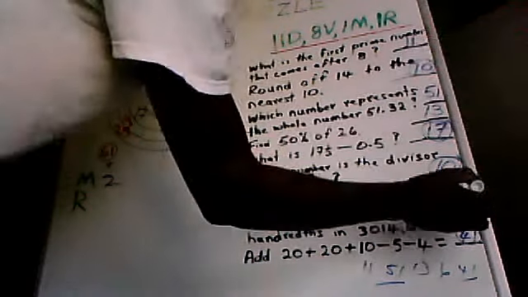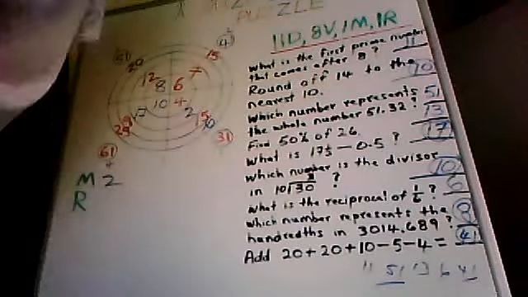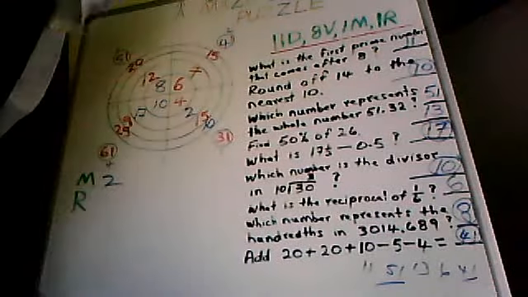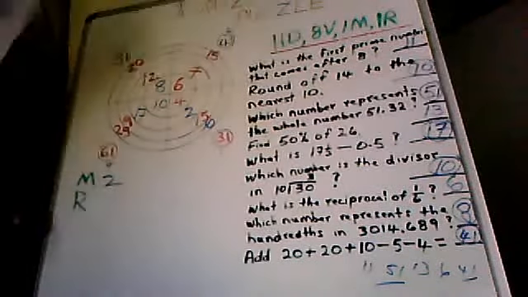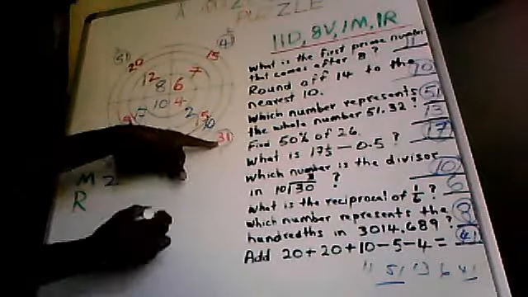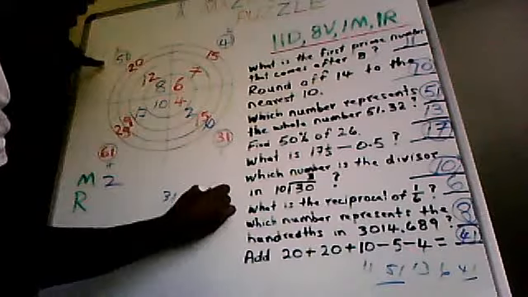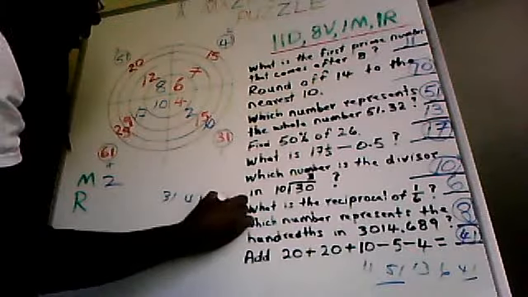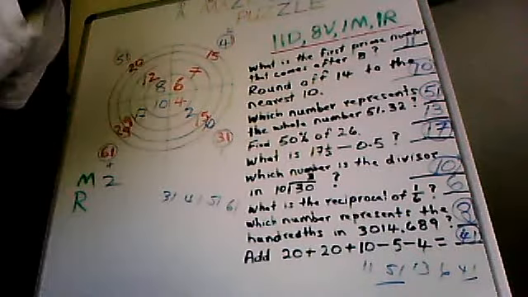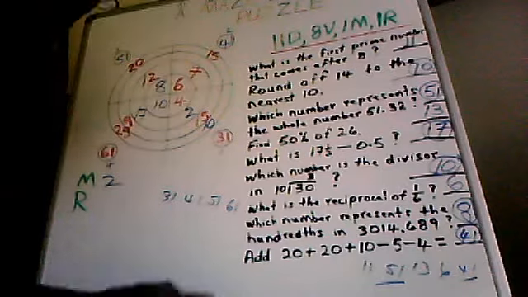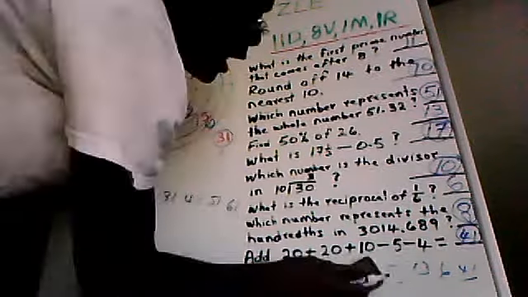Obviously, this is a sequence: 31, 41, 51, 61. Only sequences can be used, and that is a sequence, so we are going to work with that sequence.